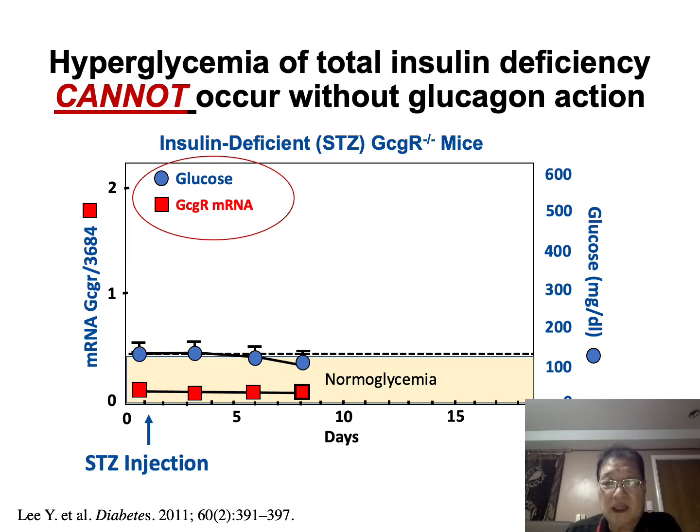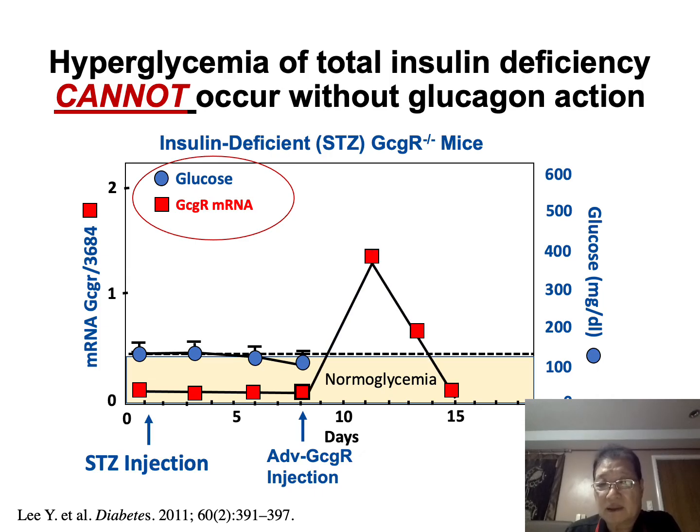Okay, and then you see the role of glucagon when they gave an adenovirus containing glucagon receptor injection back, and within 2 days there was a peak, a very high level of expression of glucagon receptor messenger RNA, but it was only transient, which is usually the case.